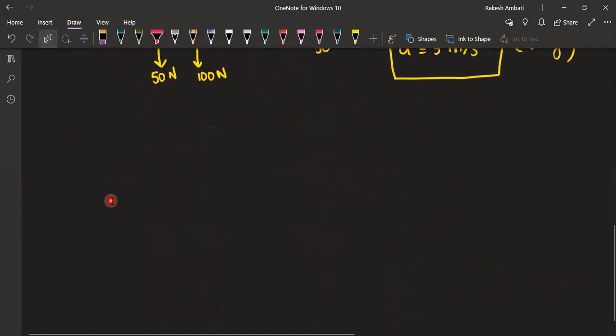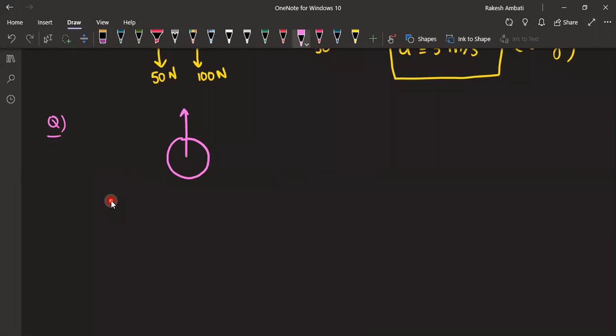Okay, the same numbers I'm taking: a 5 kg block and a 10 kg block. For example, it is a pulley. Now the applied force given is 500 newtons.